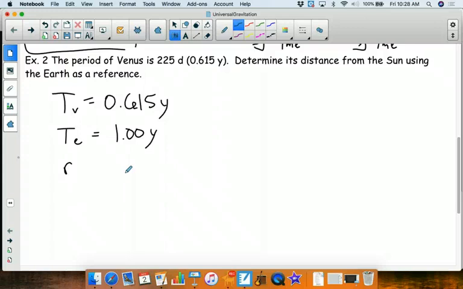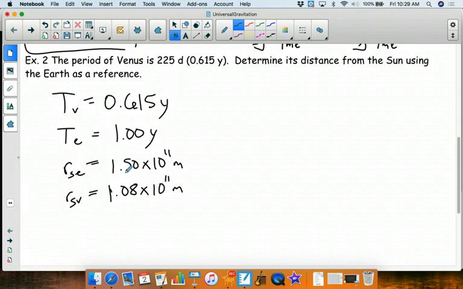The mean distance from the sun for Earth is 1.50 times 10 to the 11 meters. And the distance from the sun to Venus is 1.08 times 10 to the 11 meters.